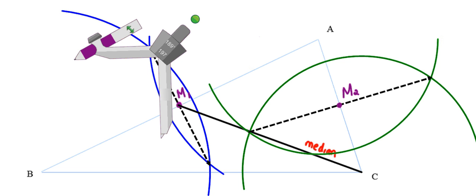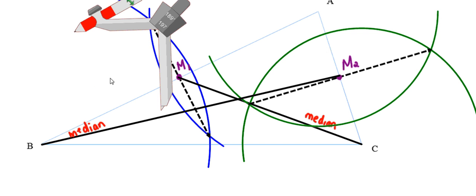And again, to construct the median, I'm going to grab my straight edge and connect that midpoint to the opposite vertex. So the solid line segments are my medians. The dotted or dashed ones are my perpendicular bisectors. And lastly, I'm going to repeat that same exact construction, but this time for line segment BC.